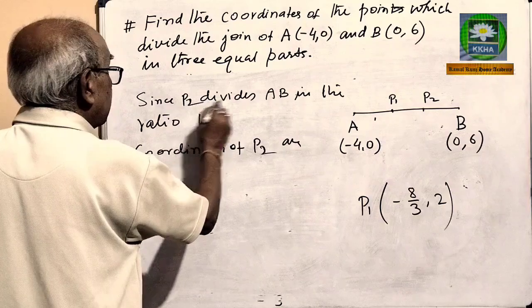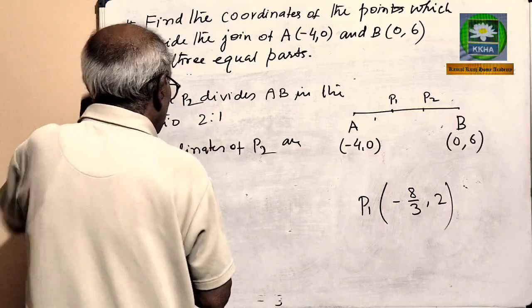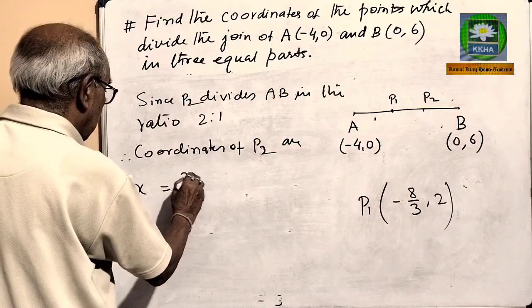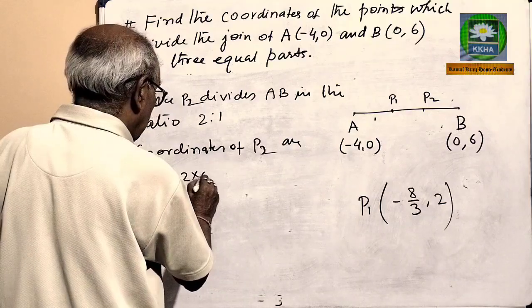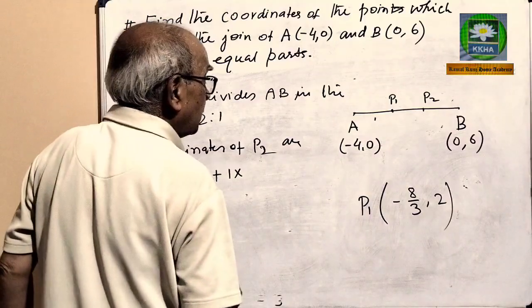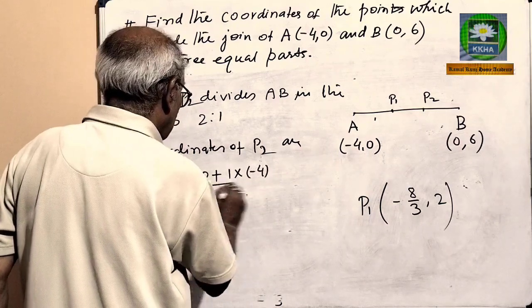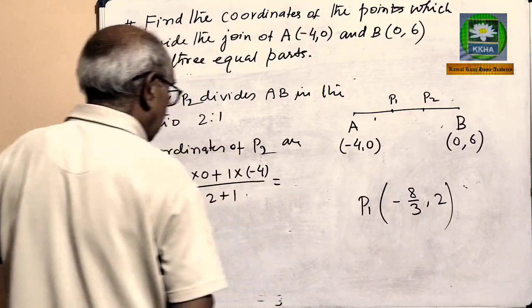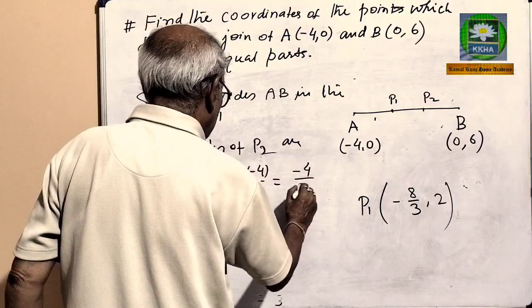P2 divides AB in the ratio 2:1. x will be equal to 2 into x2 which is 0, plus 1 into x1 which is minus 4, upon 2 plus 1, is equal to minus 4/3.